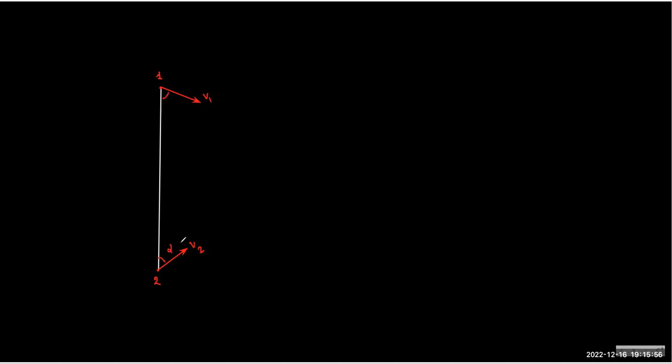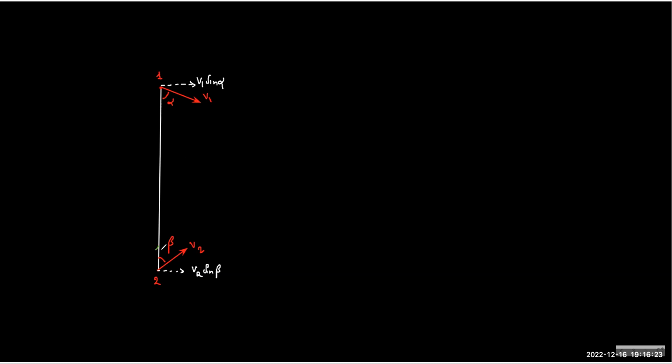The path is not known to us, so we'll just assume only one instant and we can resolve the velocity. So how are we resolving? Perpendicular to the line joining the particles and along it.